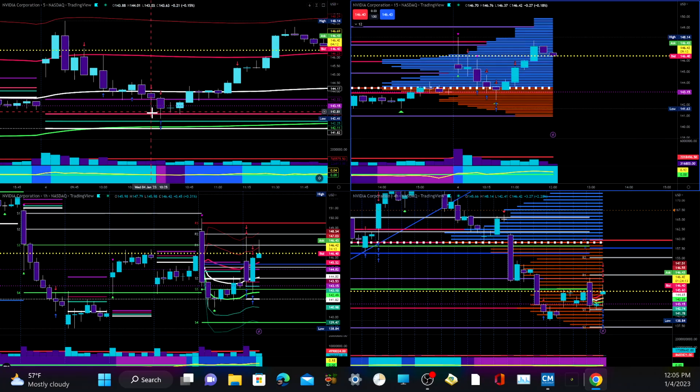Right, so you can see as price is pulling down here to the POC level, which is this red, kind of pinkish line, and this green line right here, this is the POC area of the money zone, right? So we were catching that support at 10:30, which is the initial balance time, right?